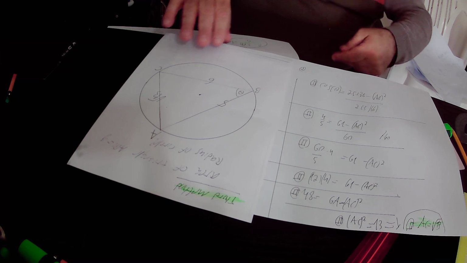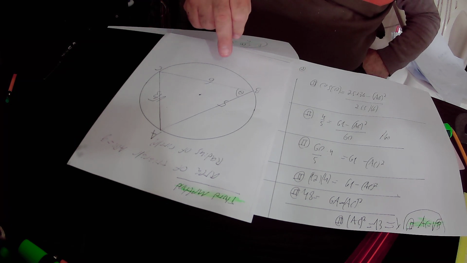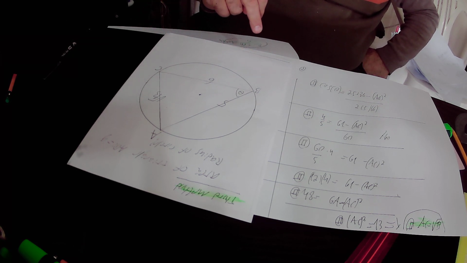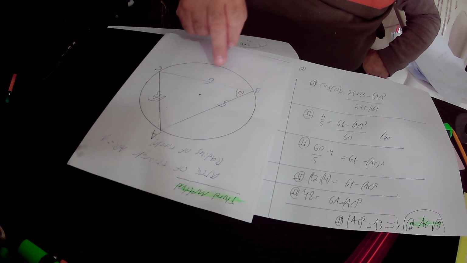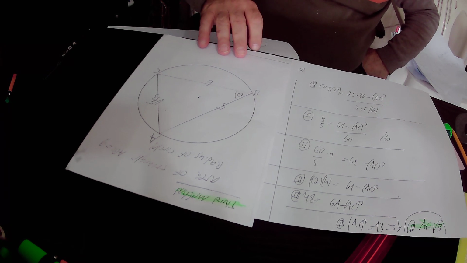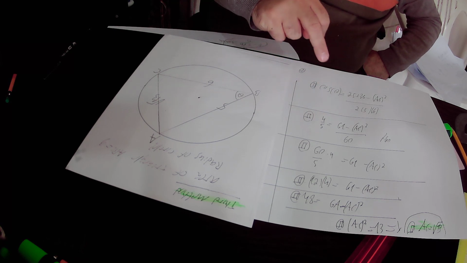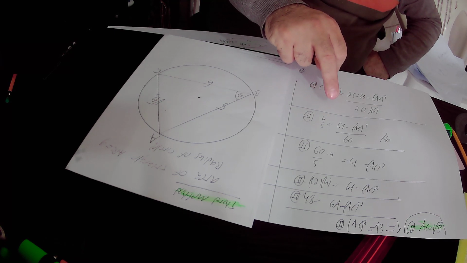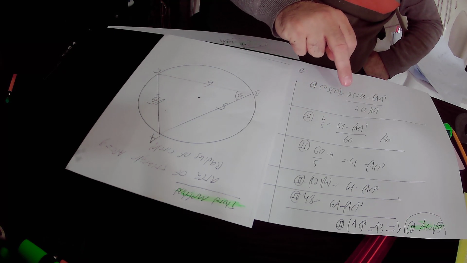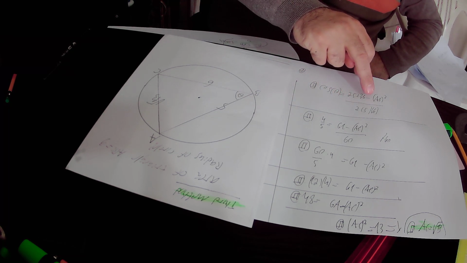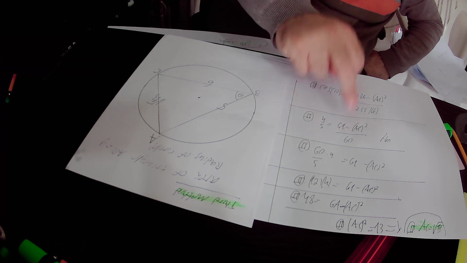According to the law of cosines, we get that cosine theta equals 5 squared, that is 25, plus 6 squared, that is 36, minus AC squared over 2 times 5 times 6. We have already found out that cosine theta equals 4/5. So 4/5 equals 25 plus 36 is 61, minus AC squared over 5 times 6 is 30, and 30 times 2 is 60.